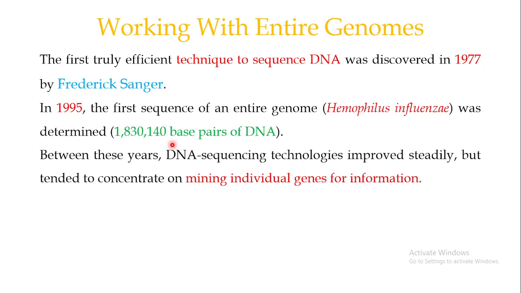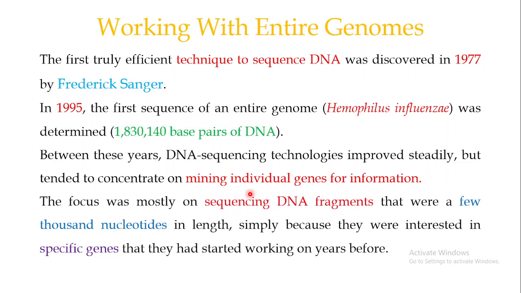Now, between the years 1977 and 1995, DNA sequencing technologies improved steadily, but they were mainly focused on mining individual genes for information, and that was logical because they hadn't mastered the technique yet. A single gene is made up of a few thousand base pairs, so you can easily work with it.